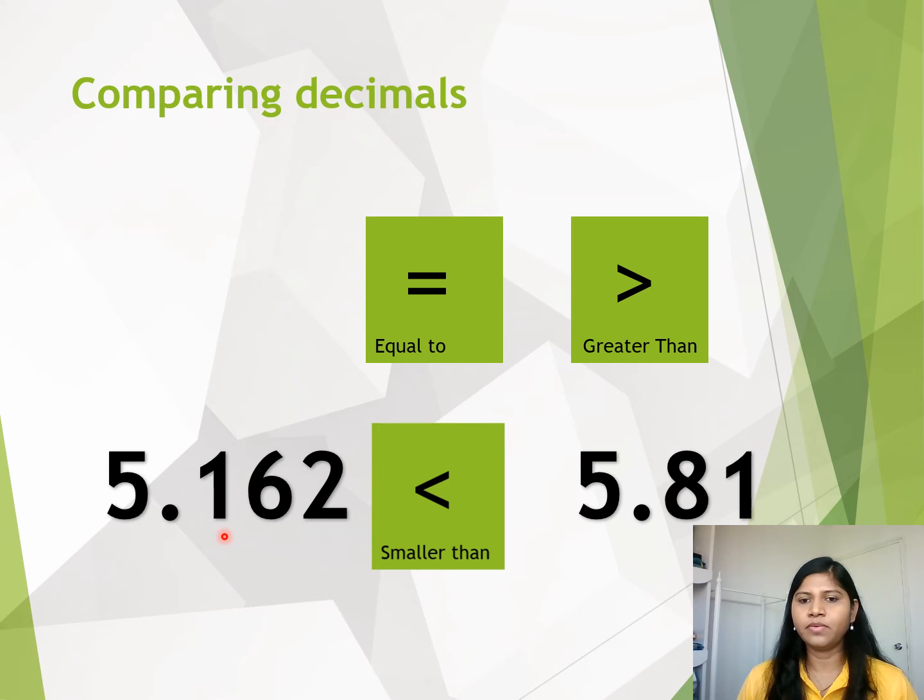Whichever is smaller and greater, you can use the symbol accordingly. So here 1 is smaller than 8, so the whole number 5.162 is smaller than 5.81. Hope you understand. So let's take a look at one more example.